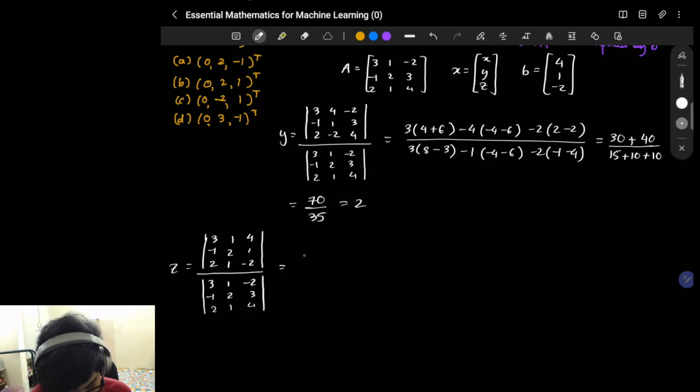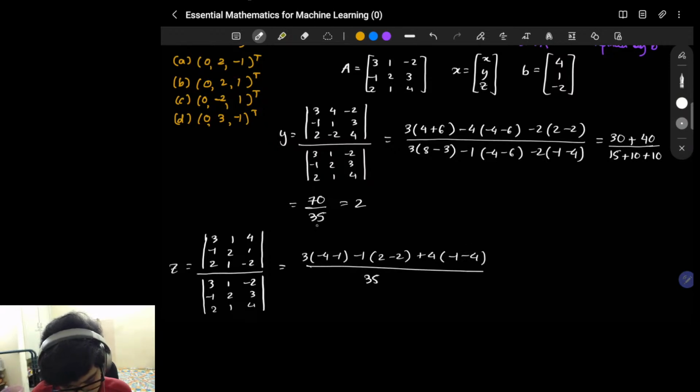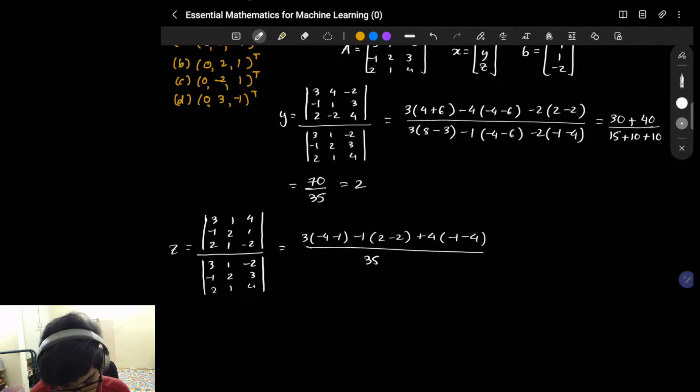So this is -4, -1. And the denominator will be 35. We just calculated it previously.